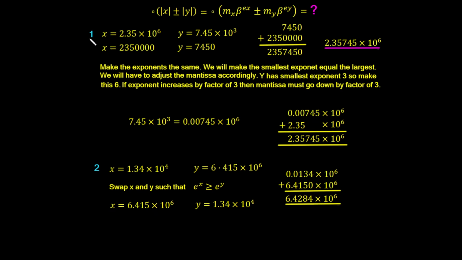Now you'll notice in example 1 that we had to increase the value of the exponent by 1000 and decrease the value of the mantissa by 1000. In example number 2, you'll notice that the y value actually has a larger exponent than the x value.